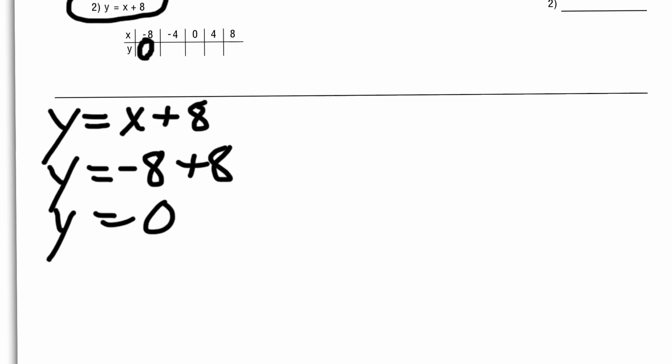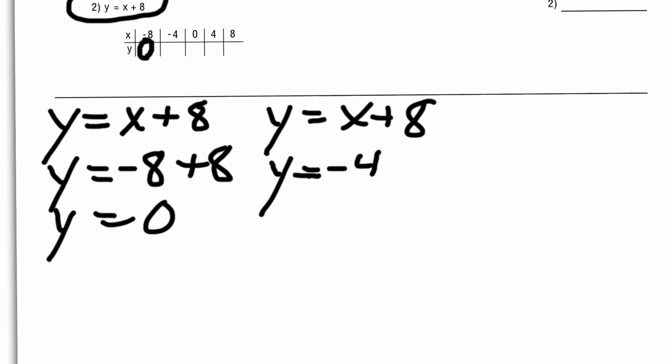Okay, so now we're going to stick in negative 4. Again, y equals x plus 8, so y equals negative 4 plus 8. Y equals 4. Put in 4 there. Okay, we're noticing a tendency.